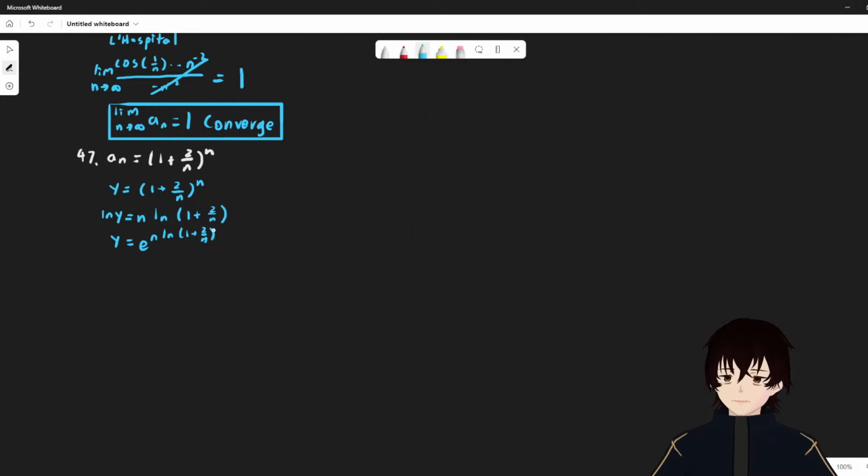How do I do this? As n goes to infinity, natural log of 1 is 0.